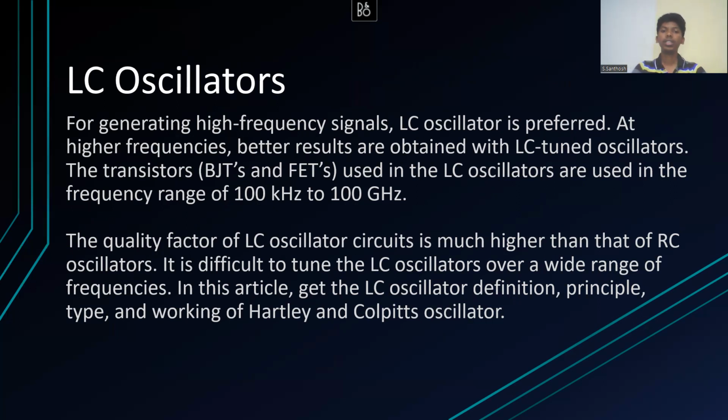So the transistors, BJTs and FETs, or an op-amp can be used in LC oscillators in the frequency range of 100 kilohertz to 100 gigahertz. The quality factor of LC oscillator circuits is much higher than that of RC oscillators. So that's the reason why we're speaking about LC oscillators in this video, and we'll go further with it.